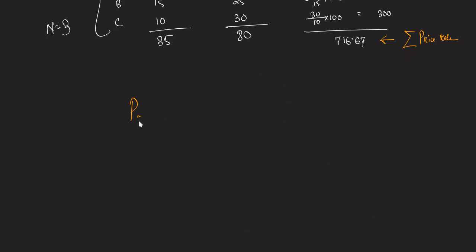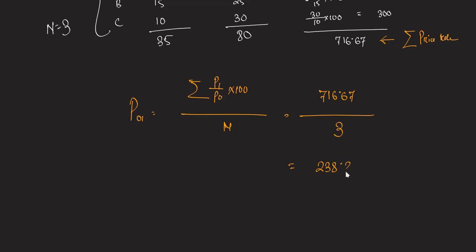So ami ki pam P01 will be summation P1 by P0 into 100 by n, and yat ami so paiso 716.67 divided by 3, right? So 716.67 divided by 3 gives you 238.89, right? Which is approximately equal to 239, right?